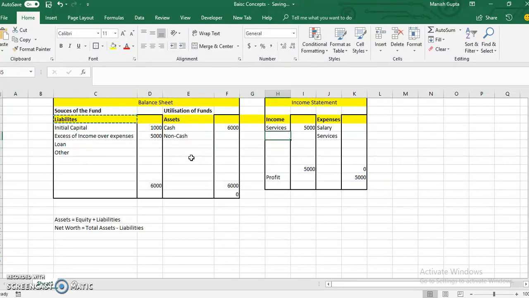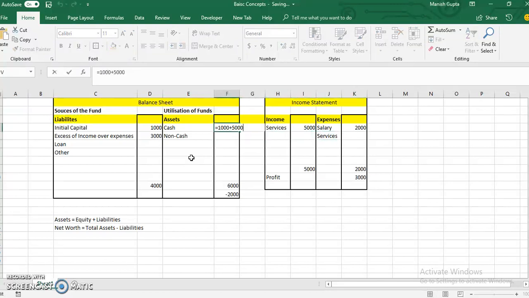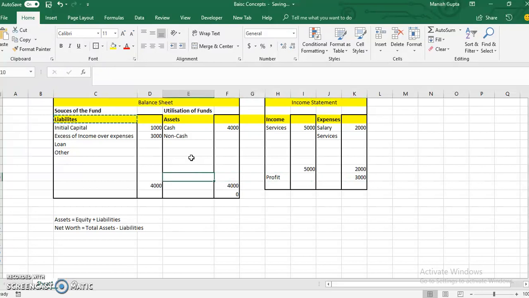To provide these services, we had to pay salaries, so we hired some employees. Let's say we paid $2,000 to our employees in cash. So we reduce cash by $2,000. Now you can see we have earned a profit of $3,000 so far, where we initially invested $1,000. We earned $3,000, so in total we have $4,000, all of it in cash.